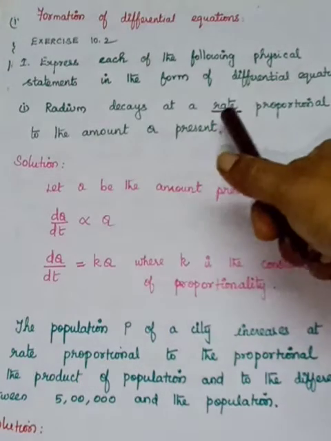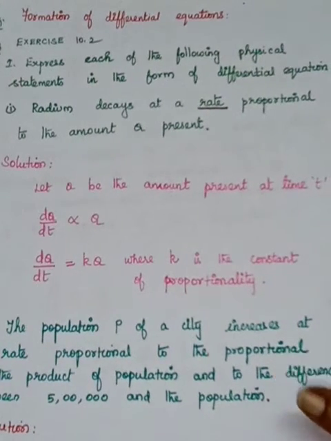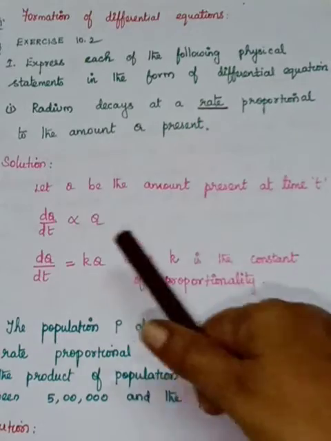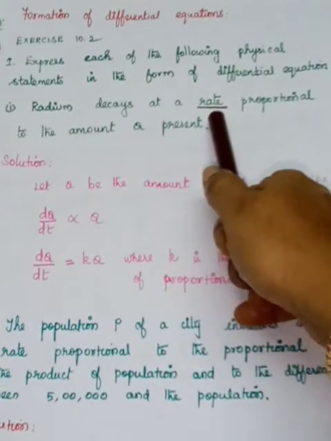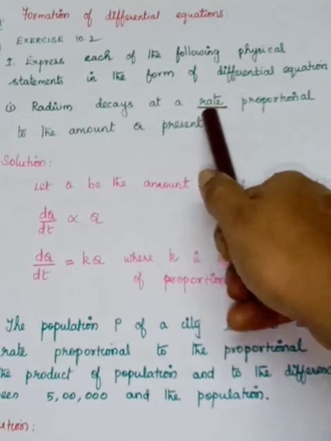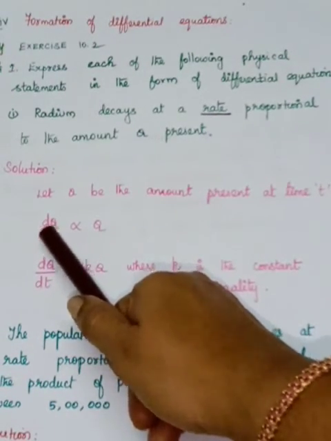The rate comes means with respect to time how it has changed. So, let Q be the amount of radium present at time t, the rate of change of Q, that is denoted as dQ by dt. That word is very, very important. So, the rate is nothing but dQ by dt, the rate of change of radium.